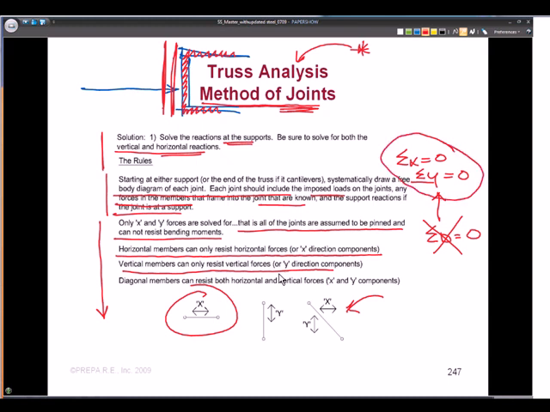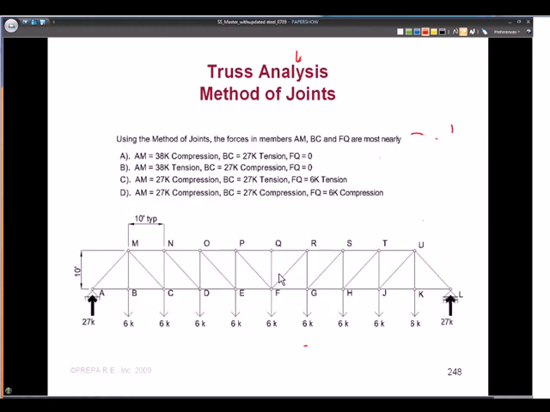I'll give you also another time saver for the exam: you don't have to find the real forces in all the diagonals, just the one that they're asking for. Other than that, we just need the horizontal and vertical components. It'll also potentially save you some confusion with all the numbers that you may have on your paper. So only X's and Y's. All right, so let's look at our truss.